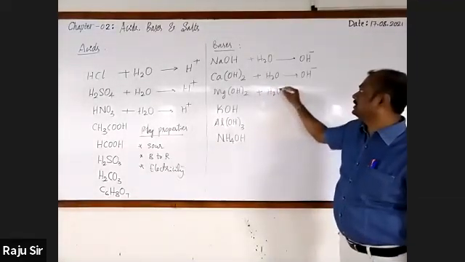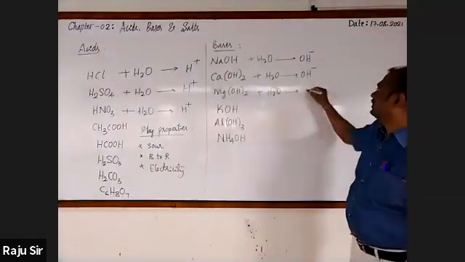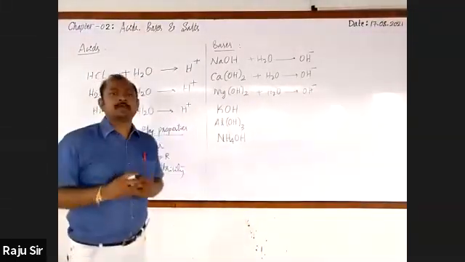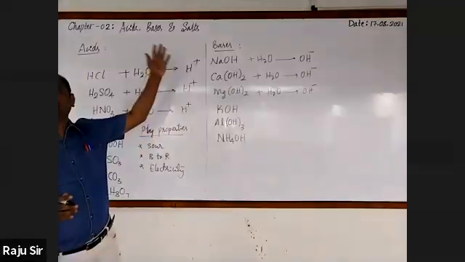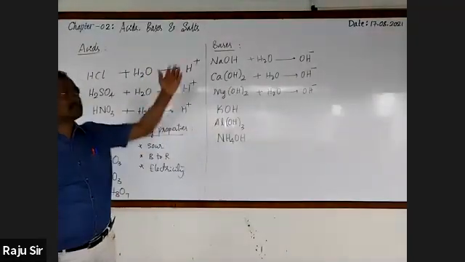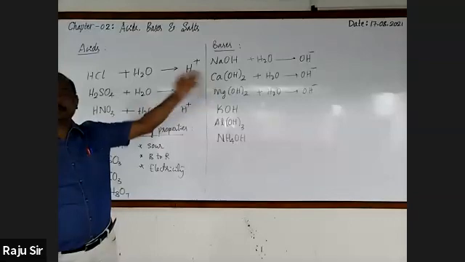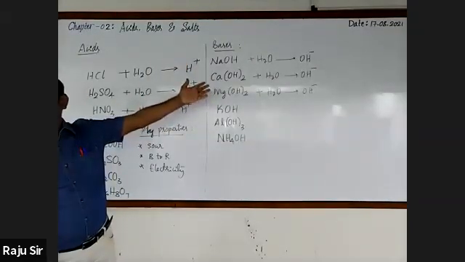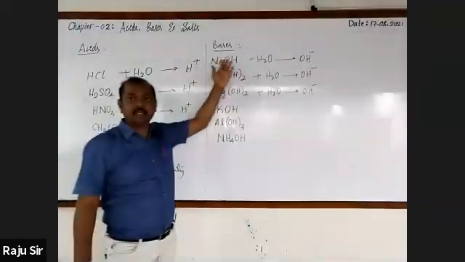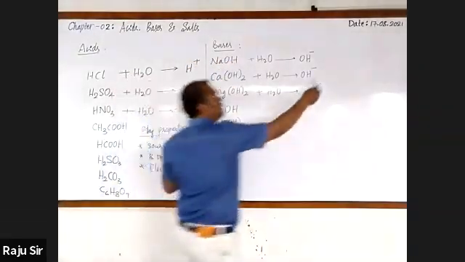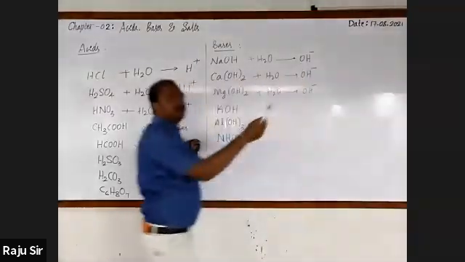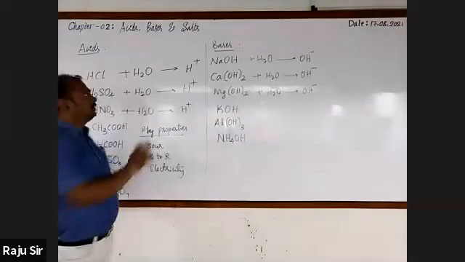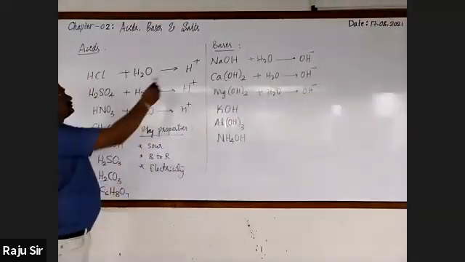Magnesium hydroxide, when dissolved in water, produces hydroxide ion. This is the common property that we can observe in all the bases. Based on this, we can define bases as chemical substances which are bitter in taste and produce hydroxide ion on dissolving in water. Clear?